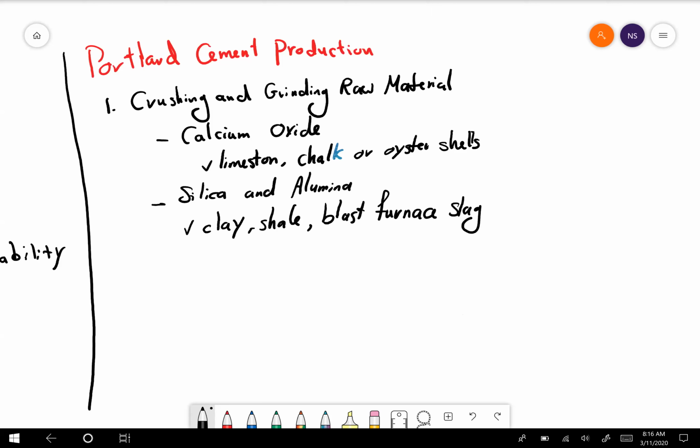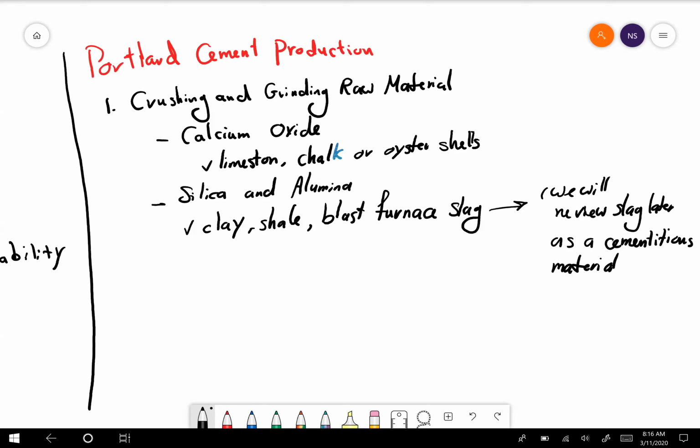Now we're going to talk about the slag later on. We will review slag later as a cementitious material.